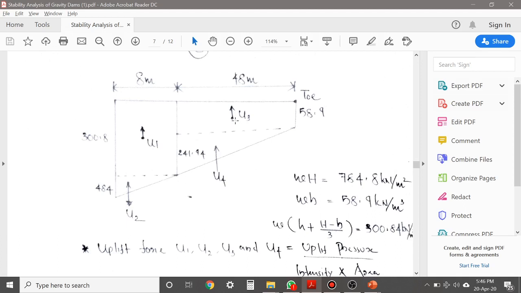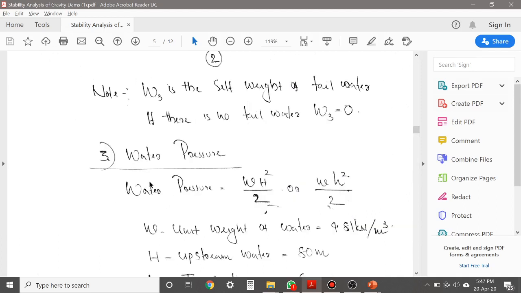To find U3, you have to find the area of this rectangle, and to find U4, you have to find the area of this particular triangle. All the uplift forces are acting in the upward direction. Now let's go back to our table.